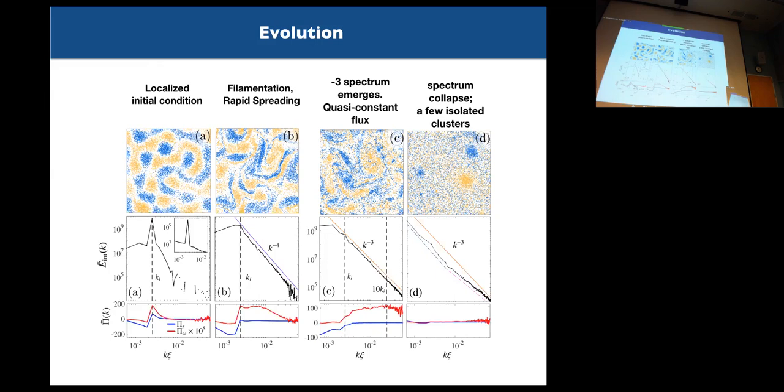And then as the turbulence matures, as these filaments are stretched and packed, this -3 law emerges, and you can see there's a roughly constant flux there as well. And then at late times, we see that the spectrum eventually collapses and the turbulent flux is all gone. There's nothing really being moved around in scale space anymore. And there's just a few of these coherent blobs of coherent vortices lurking around.